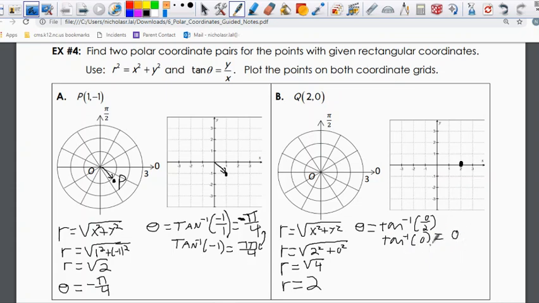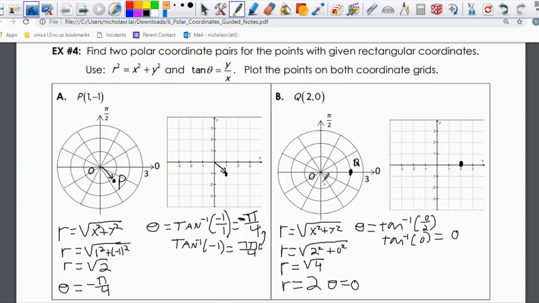And so theta, once again, r is equal to 2, theta is equal to 0. We are facing 0, and we have a radius of 2. So we go facing 0 degrees, then we move 1, 2 points. This is point Q. For problem B, point Q.